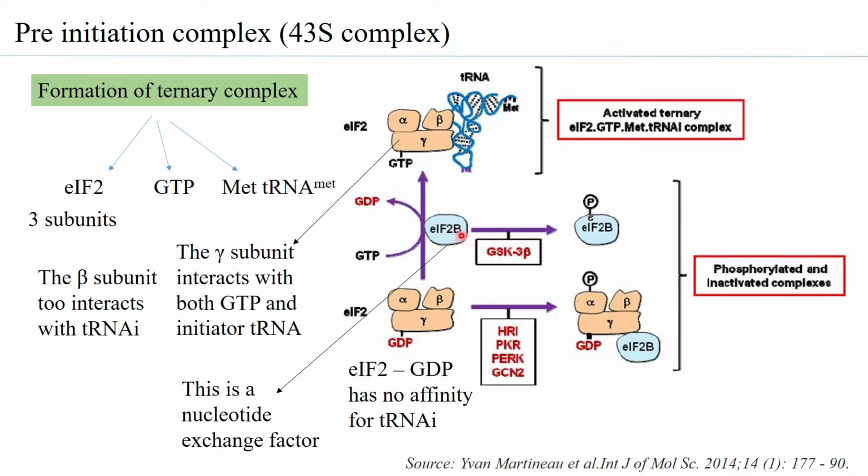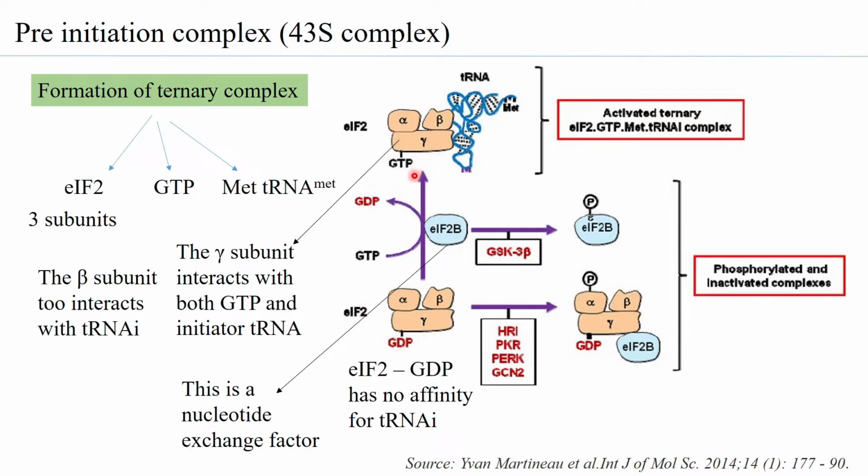This molecule is a nucleotide exchange factor. So, for eIF2B, eIF2 is the substrate, and its catalytic activity enables it to exchange the GDP bound to eIF2 with GTP. So it can convert eIF2-GDP to eIF2-GTP.